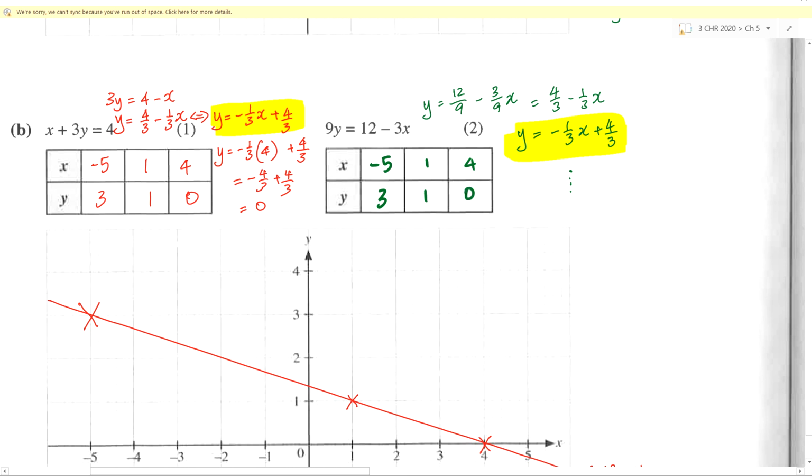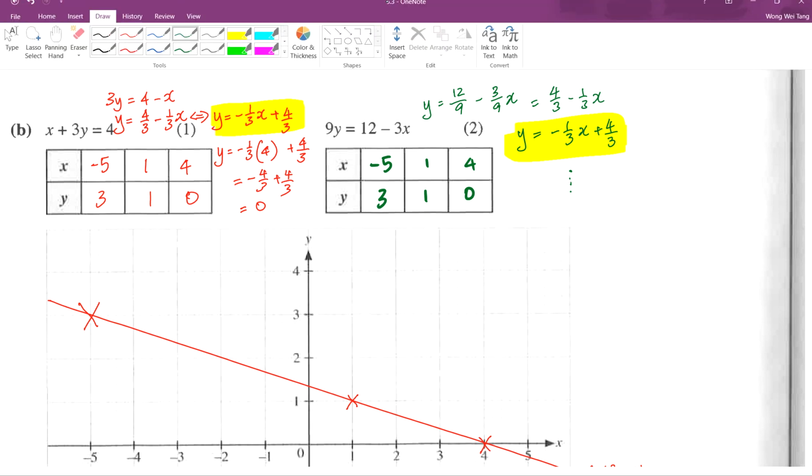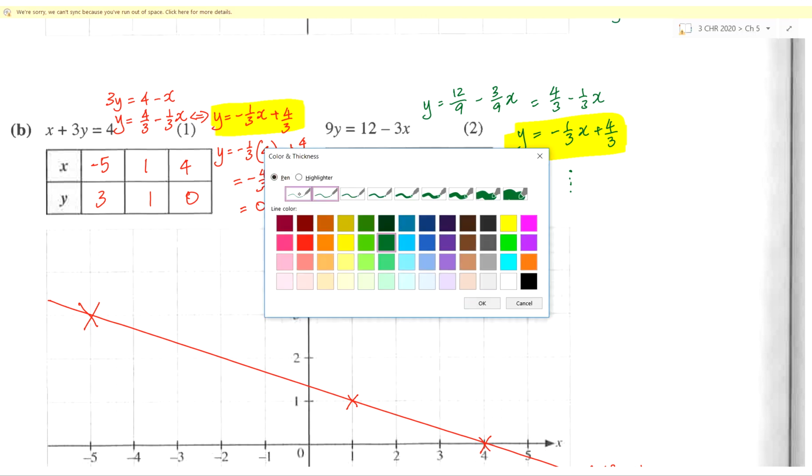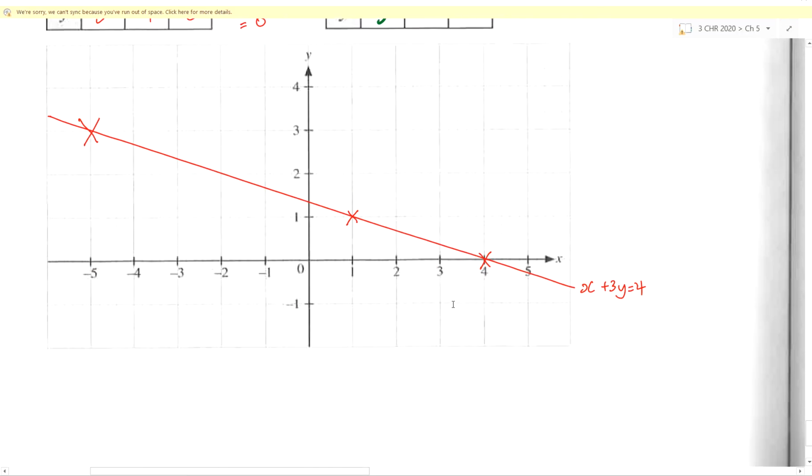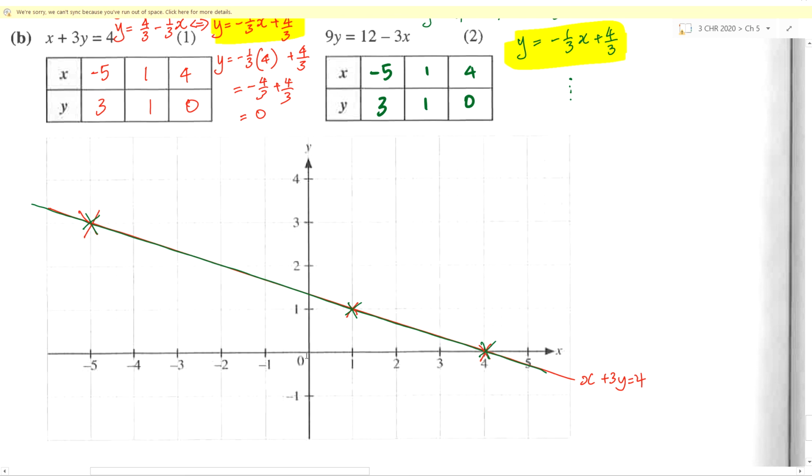If we have the same y values, then our points have the same coordinates, which means that it is a repeat of the same points. Joining them up again, so we just draw over the same points, over the same line one more time, and I label it 9y equals to 12 minus 3x.